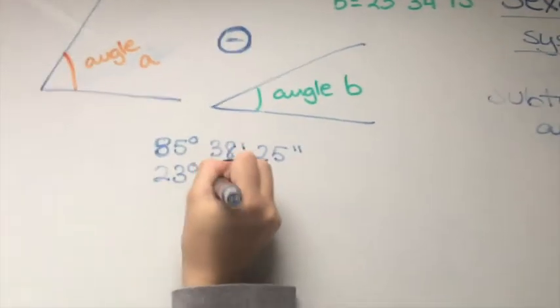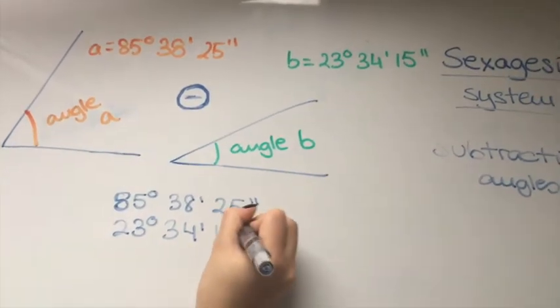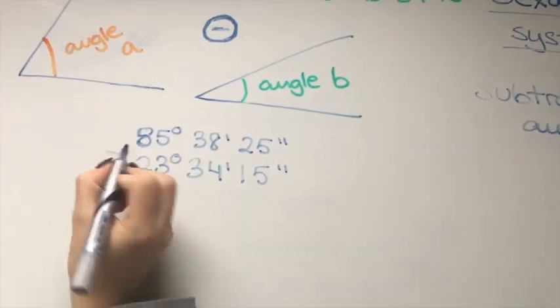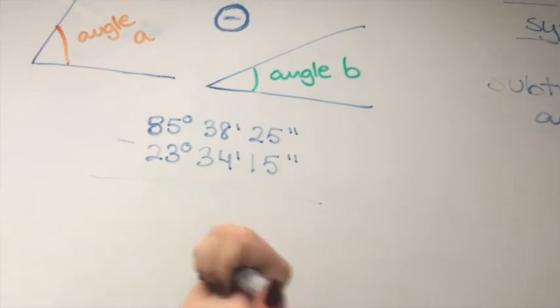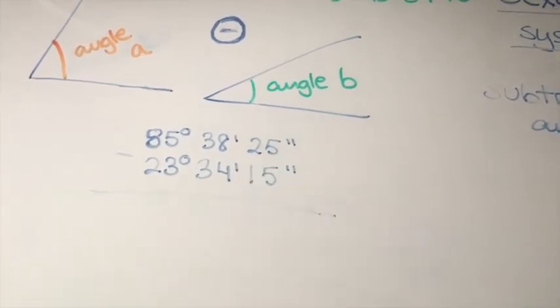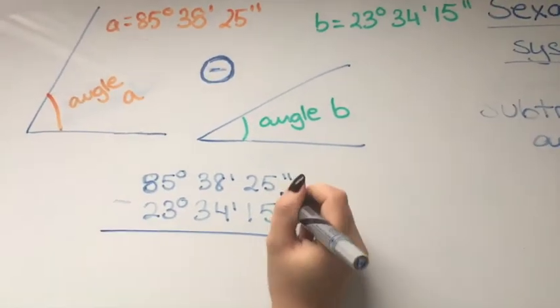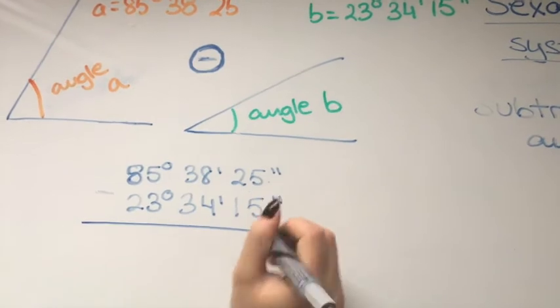Below we will write the angle B, the degrees below the degrees, and the minutes below the minutes, and so on. Then we will subtract first the seconds of the angle A minus the seconds of the angle B, and we will keep doing the subtraction.